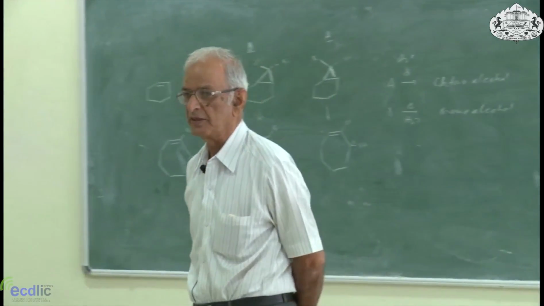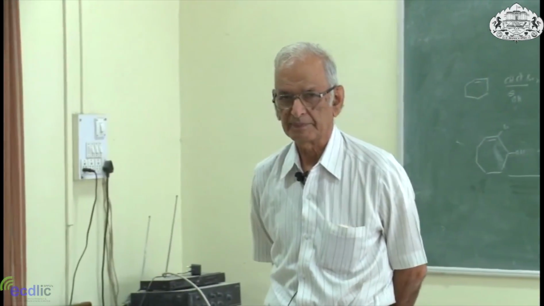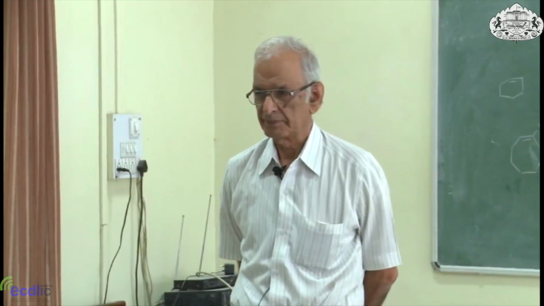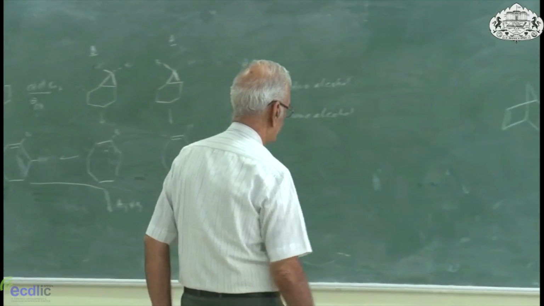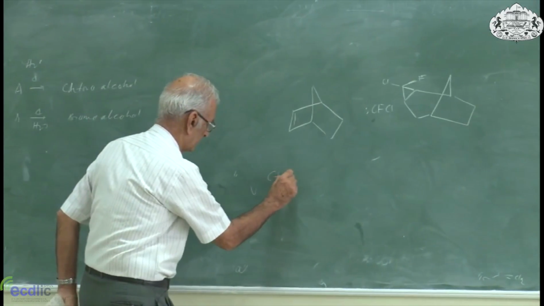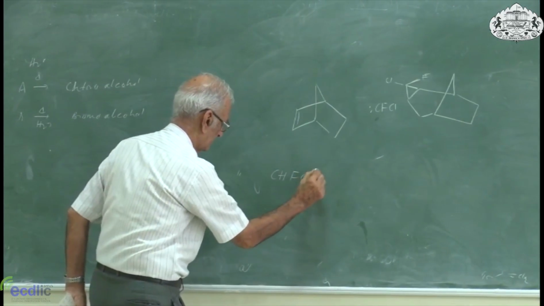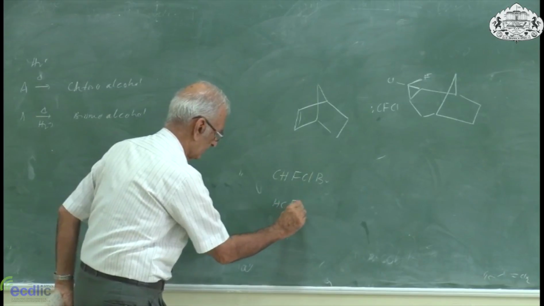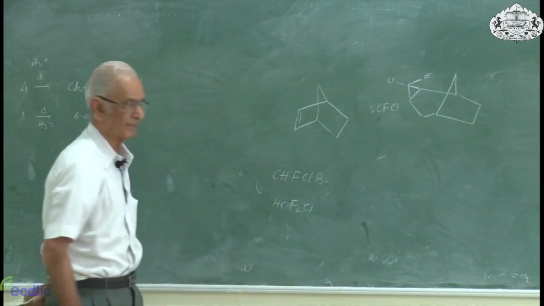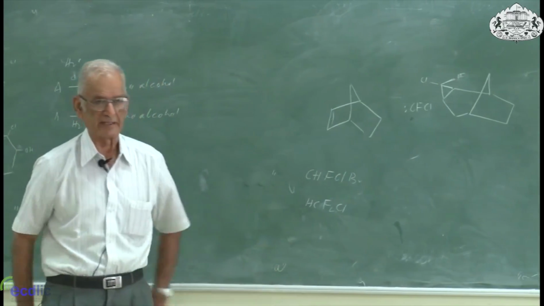What should I use to generate this carbene? Should I use this? Should I use this?